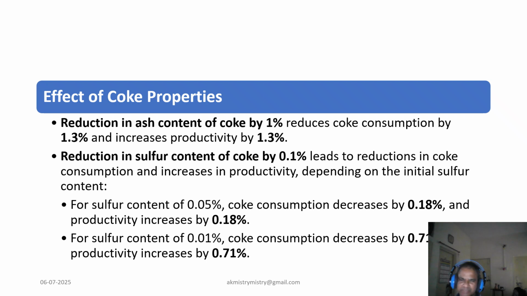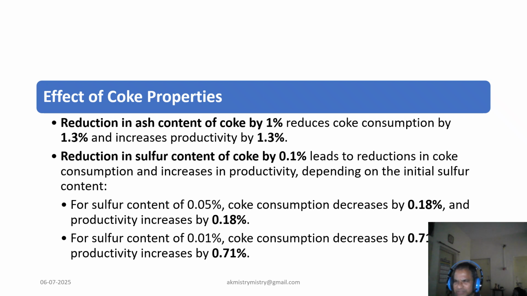coke quality plays a significant role in blast furnace performance, and all this we can come to know with the help of these bullet lines. That is, reducing ash content in coke by 1% cuts coke consumption by 1.3% and increases productivity by the same amount.